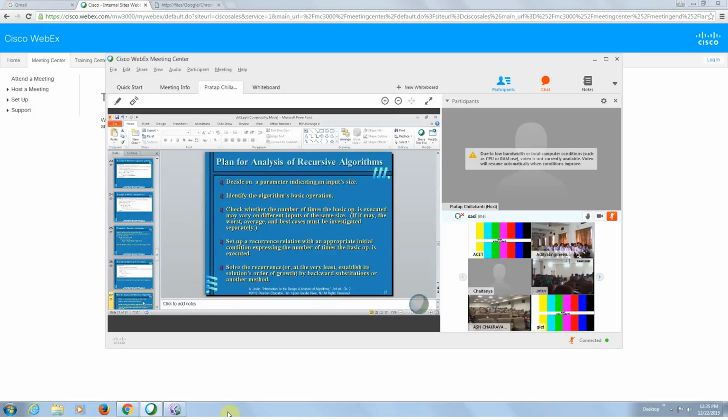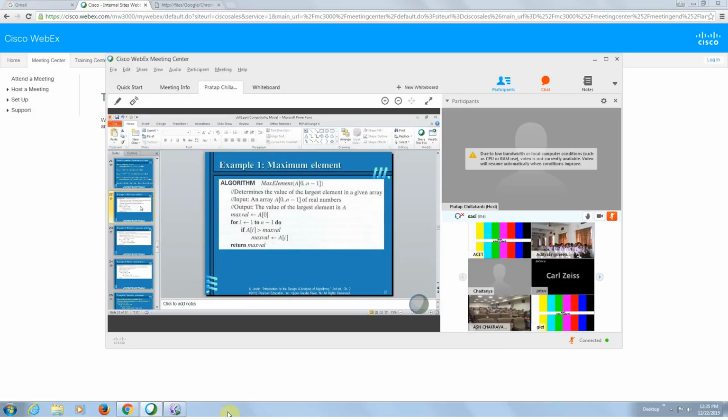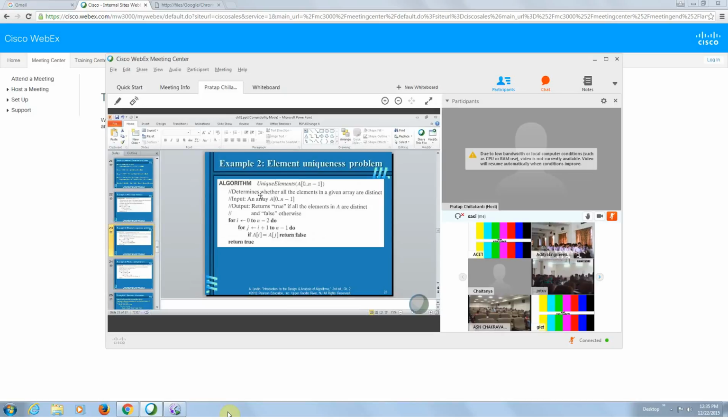Since we are going to be learning all about algorithms here, I'll put the slides up. The algorithm is written here, but I want students to practice these algorithms, okay? They are very interesting algorithms. They have given one way of showing it, but if you come up with a different way of doing the same thing, let's take the example of unique elements.